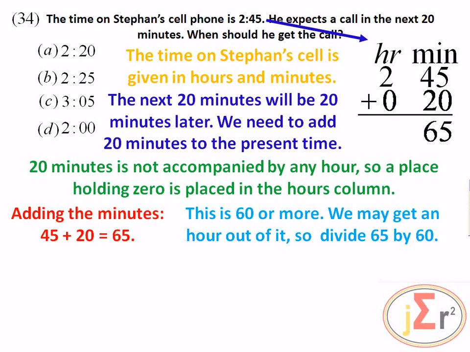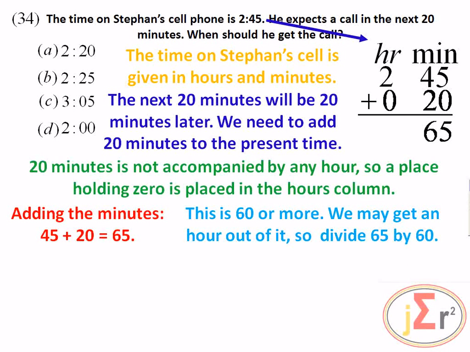So 65 is greater than 60, so we will not leave the 65 minutes right there. We will convert to hours and minutes. If it were just 60, then we would not have any additional minutes left.